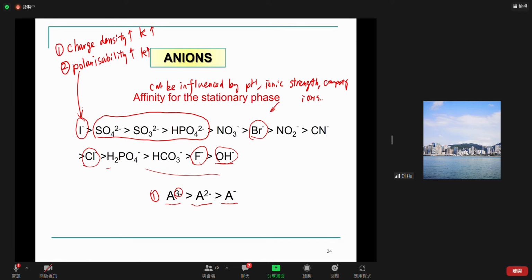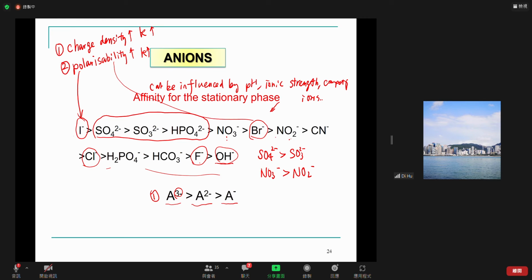And there are different things, because you can also see the same charge. And sulfate has stronger affinity than sulfite, right? And then for nitrate, sorry, not really, no, nitrite. And then what else can we see? This one, at least in the list. So they are also because of polarizability.